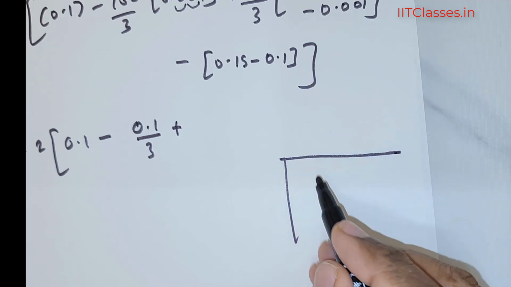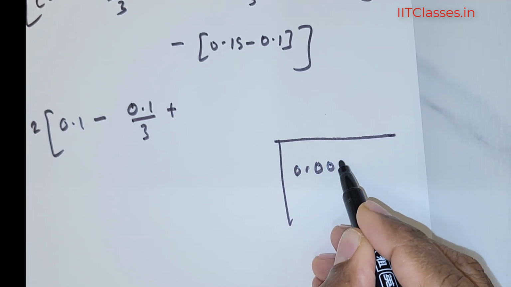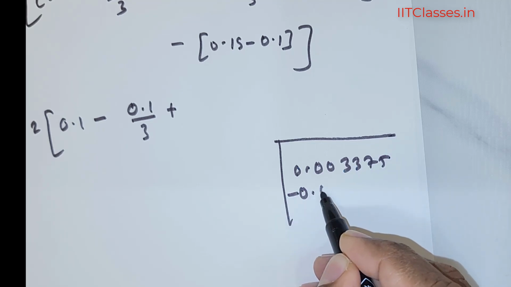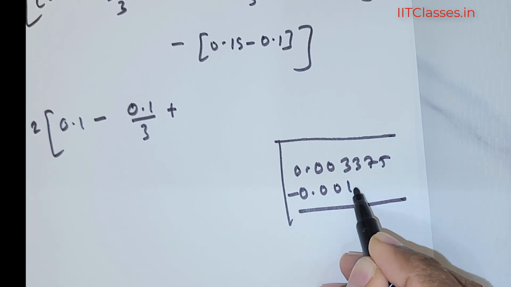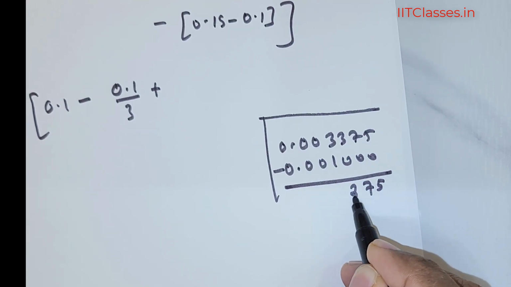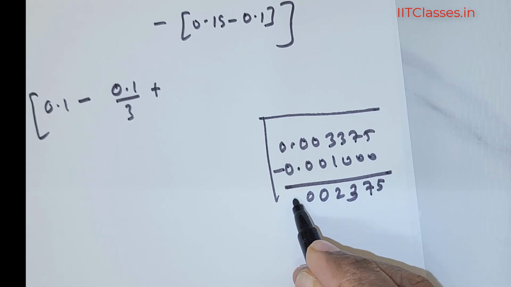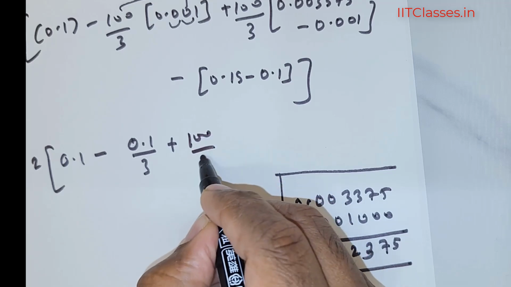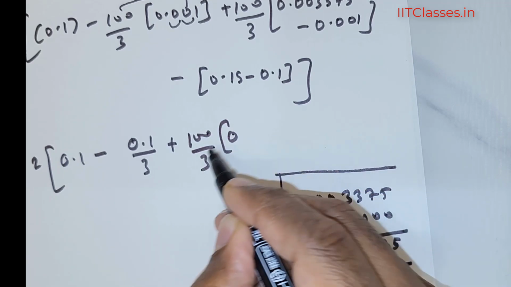Now let me calculate this. This is 0.003375 minus 0.001. So if you subtract, you get 0.002375, and that has to be multiplied with 100 over 3.